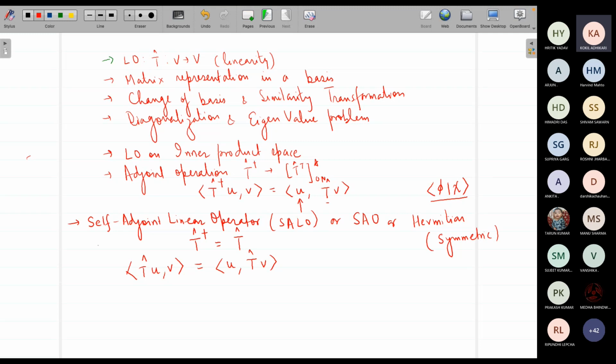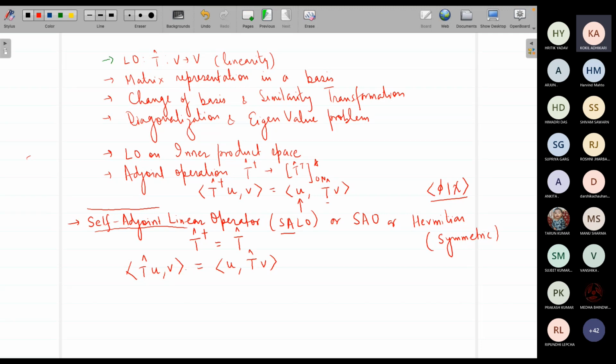So we talk of a special class of these adjoint operators called self-adjoint operators, hence the SA. These will become very useful in the description of quantum mechanics. Whether we call it a self-adjoint operator, a Hermitian operator, or a symmetric operator in real inner product spaces, it means that whether we apply the operation on the v vector or on the u vector and take the inner product, it is one and the same thing.